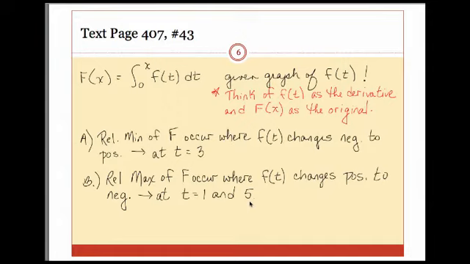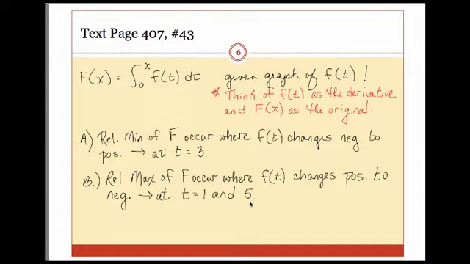So really what you're defining is, you have this graph, and you're going to start at 0 and start finding the area under the curve as you move along the positive x-axis. Depending upon where you stop, you would calculate the area to that point, and that's what you call capital F of x.